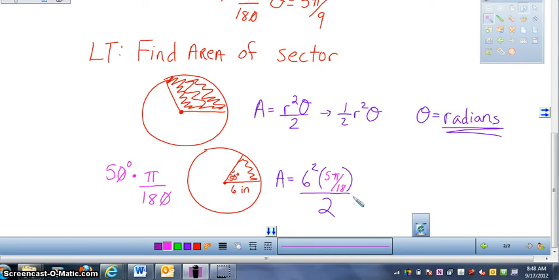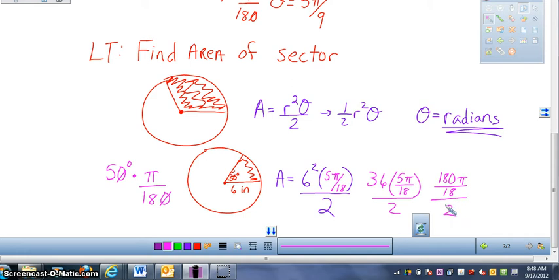So now I'm going to multiply 36 times 5 pi over 18 all over 2. So 36 times 5 is 180 pi over 18 all over 2.